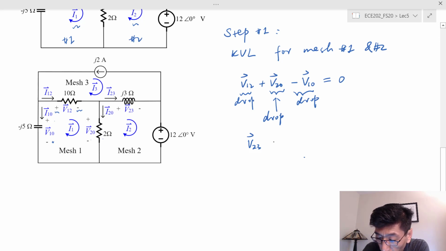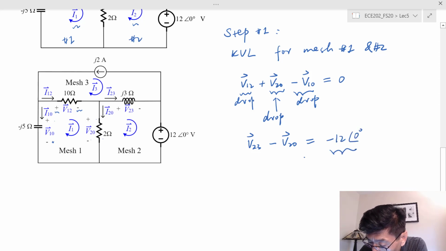Then we need to deal with the 2 ohm resistor. In this case, from minus to plus, that's a voltage rise of V sub 2,0, right? We need a voltage drop, and therefore we put a negative sign there: negative V sub 2,0, equal to the voltage rise. The voltage rise following the direction should be equal to negative 12. So this is the voltage rise.